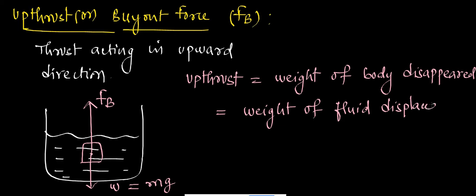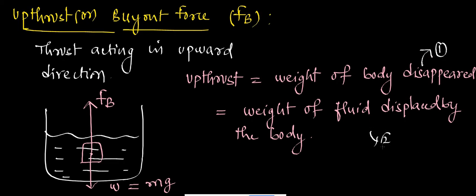Weight of the fluid displaced by the body. Clear with this, Gautam? Yes, ma'am. So the same thing is nothing but Archimedes principle, but extra we consider volume also here. See, you can relate these: this is the first formula, this is the second formula. In both the formulas, the LHS part is the same, that is upthrust and upthrust, right?